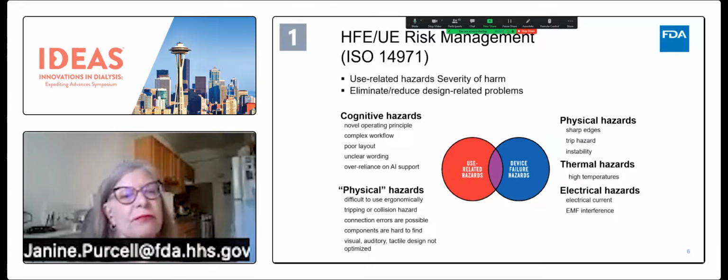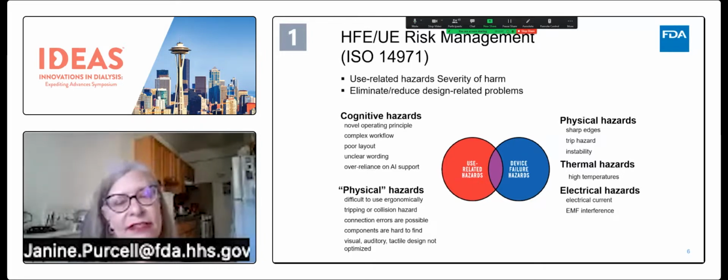And then there are the more physical hazards having to do with ergonomics or connection errors that, through good design, you can eliminate completely by making unique connections the only possible connections.